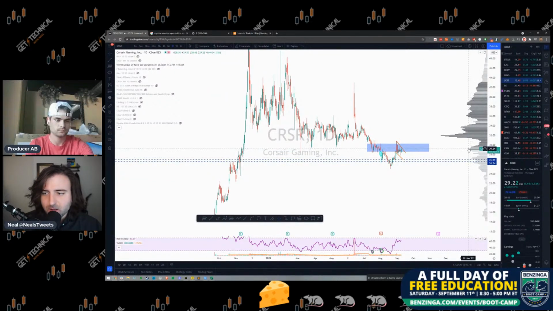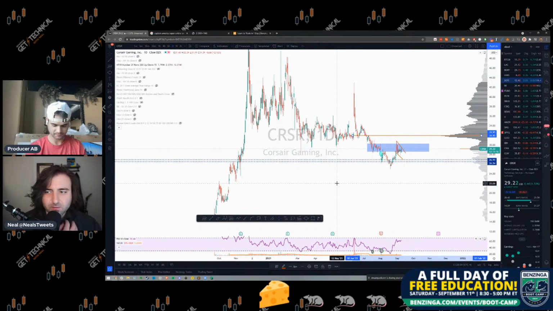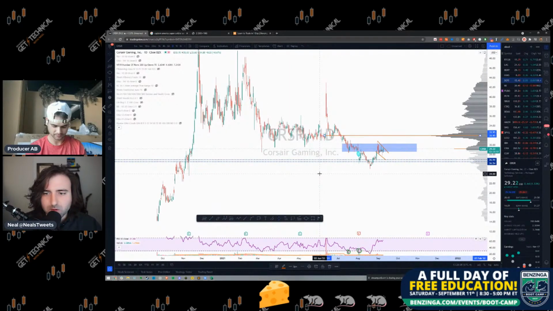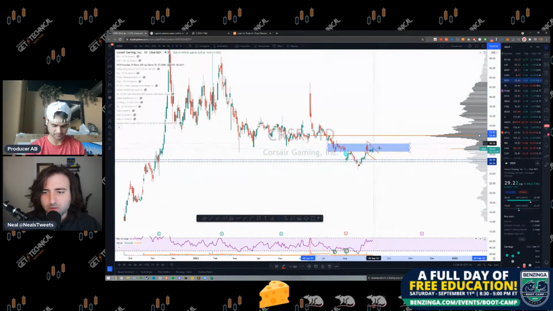And actually, the point of control on this shelf is exactly where resistance is right now. If you're scaling in and out of your trades, this is a good target right here. $31.95, $32 is going to be the next level of resistance, in all likelihood, if we break out of this zone here in the blue square.